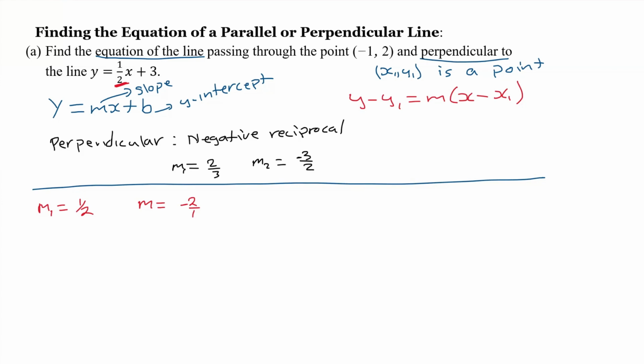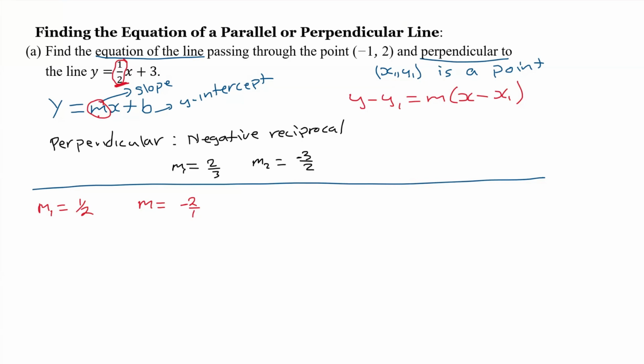So we're going to use -2 for the m, right? Because we need to find m in the equation. So in our y equals mx plus b, the m we're going to use is -2. That guarantees the two lines are perpendicular. Two lines are perpendicular if their slopes are negative reciprocals. So if the slope of this line is 1/2, then the slope of the line that we're trying to find has to be -2.